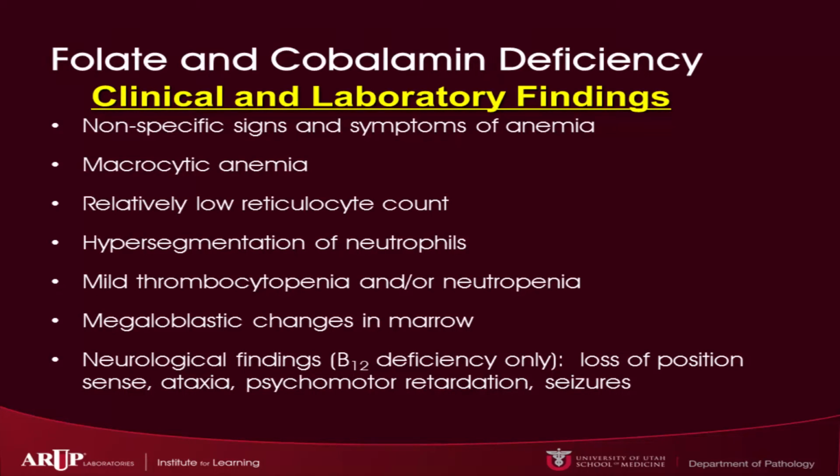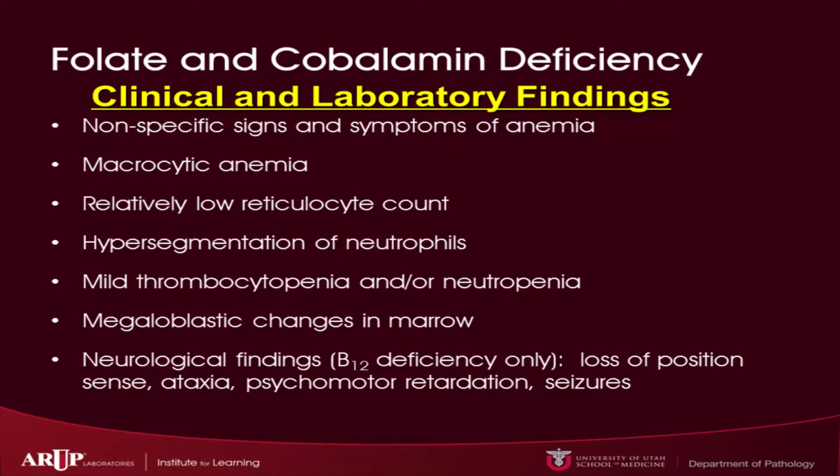So when we look at the peripheral blood smear and see a patient with increased MCV, or macrocytic anemia, we try to find hypersegmented neutrophils. It's not the most specific feature for macrocytic anemia, but if we can see hypersegmented neutrophils, it is really helpful for diagnostic purposes.